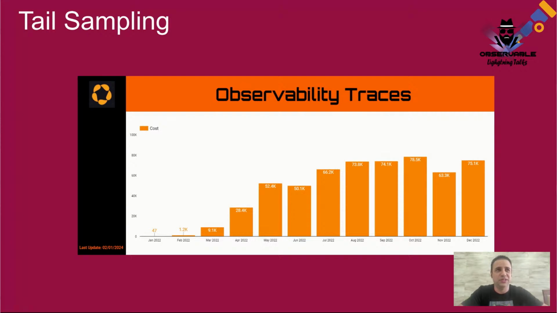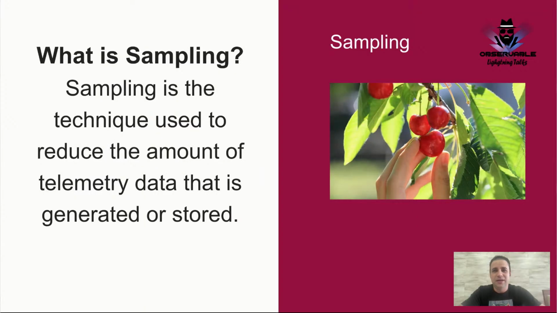In that moment, we needed to take some actions that I will share with you in more detail on the next slides. But just to provide more context about sampling, maybe there is someone who is not familiar with this topic. Sampling is a technique that we can use to reduce the amount of telemetry data that is generated and stored. So here is the good point, similar to the picture on the slide: you don't need to eat all the fruits on the tree to understand the flavor.